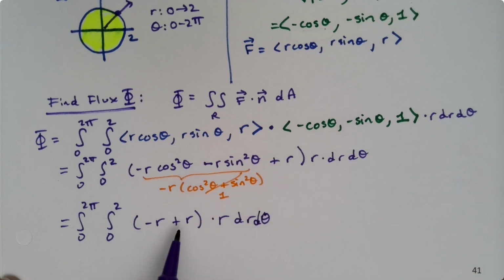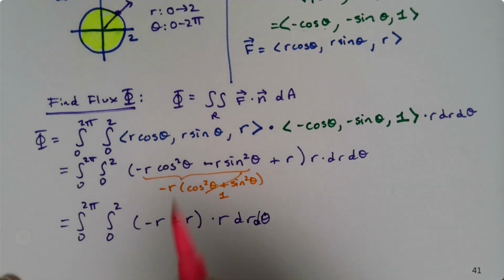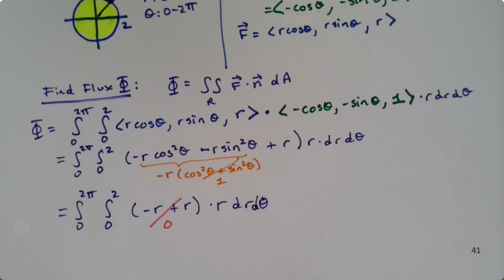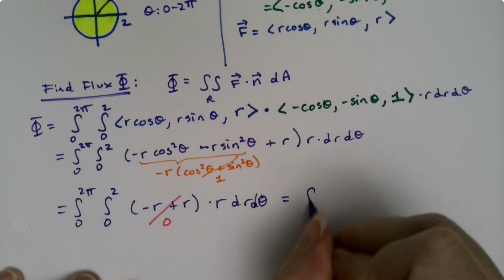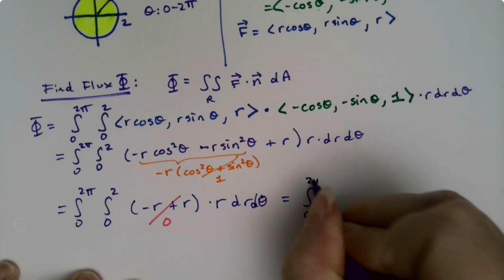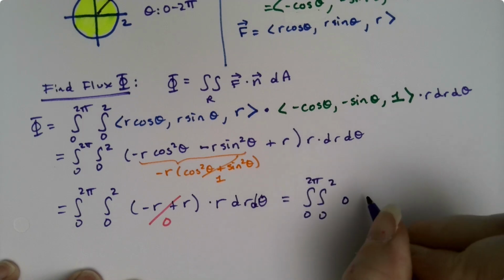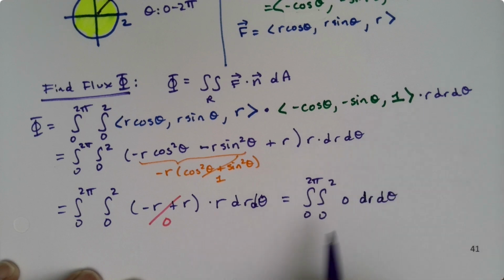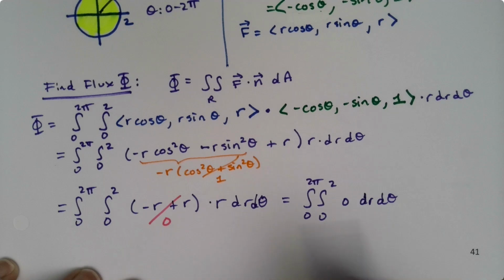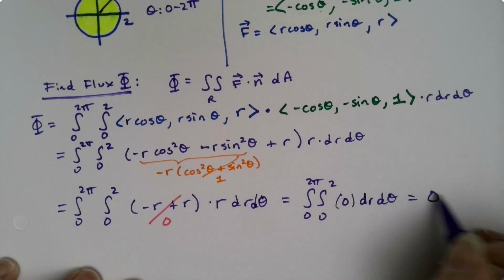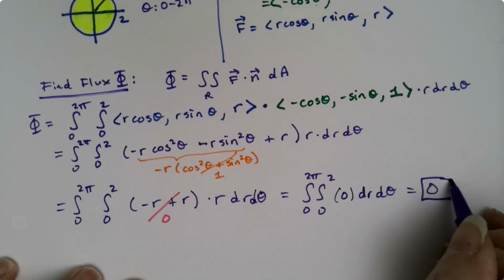And negative r plus r is 0. So we're integrating 0. And the integral of 0 is 0. Right? 0 times r is 0. So this whole thing is 0.